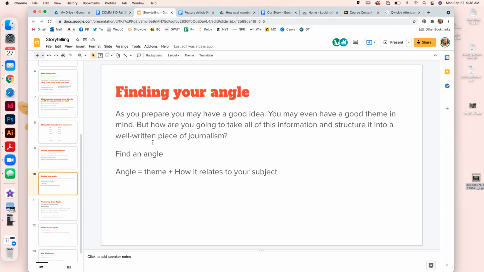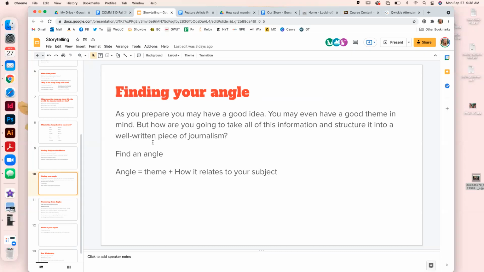So what you want to do is think of the angle that you want to take. We're taking a larger topic and narrowing it down. How will you structure your story? How will you take all this information and structure it into a well-written piece of journalism? Finding an angle is thinking about your theme and how it relates to a subject.